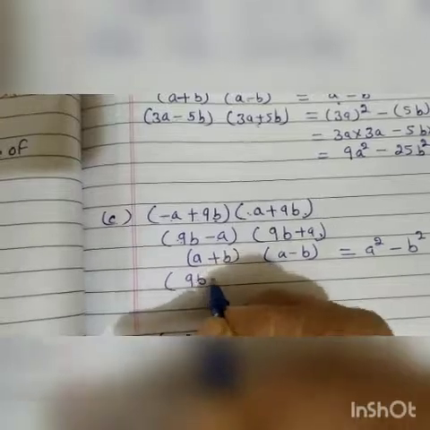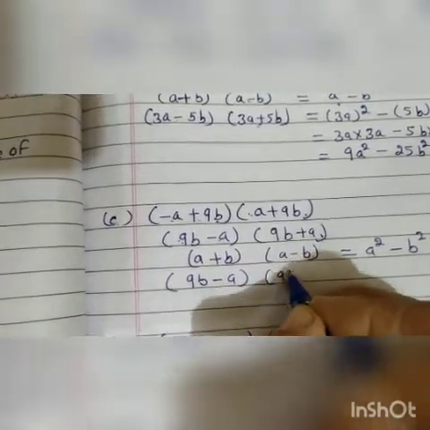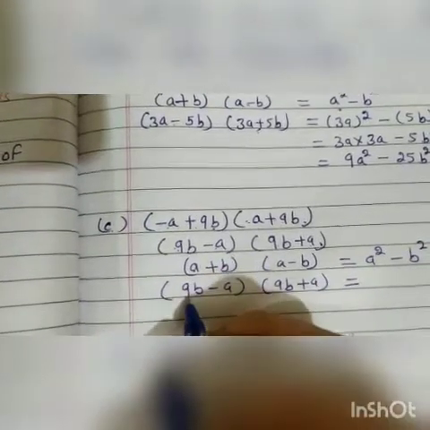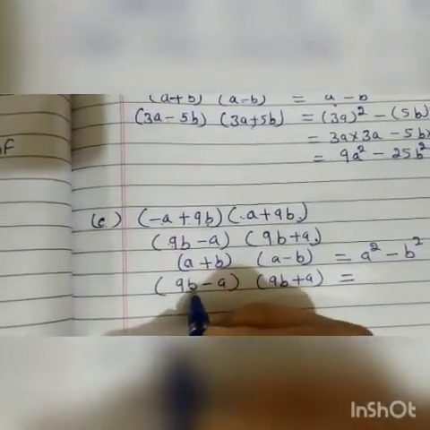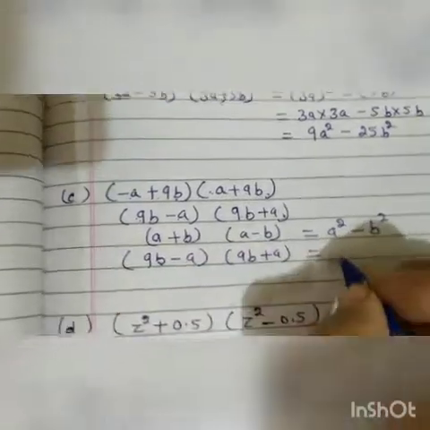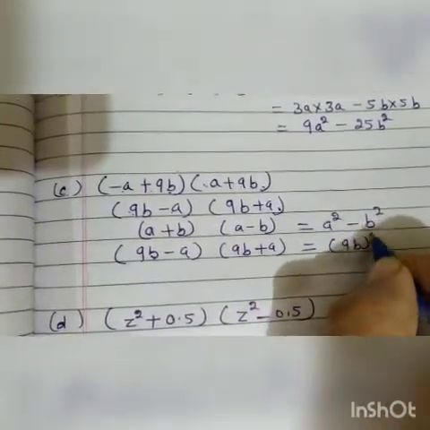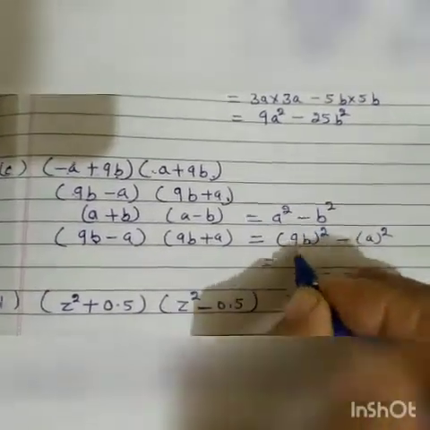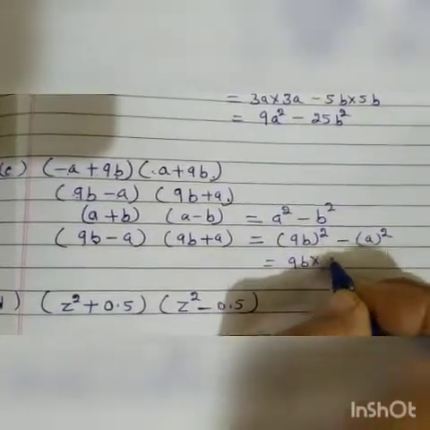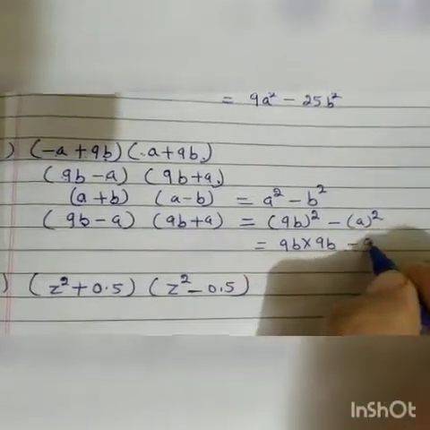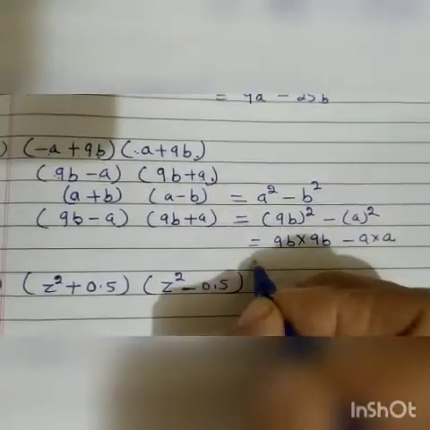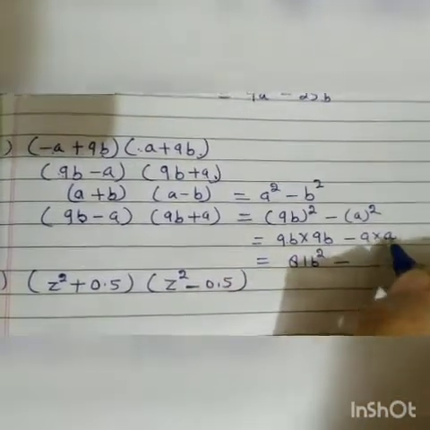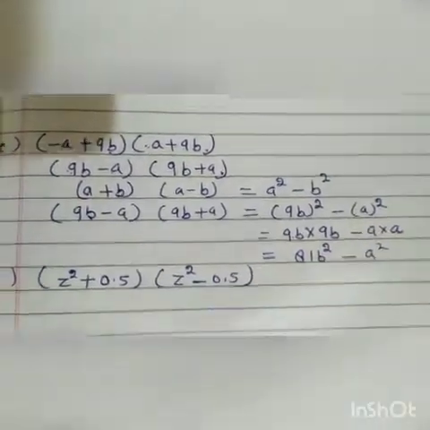It is (9b minus a)(9b plus a). This time the value of a is 9b and the value of b is a. So we will write 9b whole square minus a whole square. Then 9b whole square means 9b into 9b, minus a into a. So 9b into 9b is 81b square minus a square. Clear?